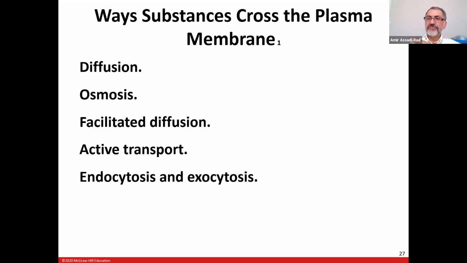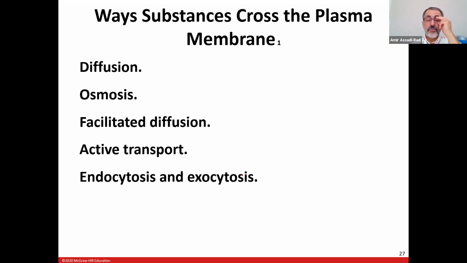But the main difference between osmosis and diffusion is two things. One of them is a water molecule. Diffusion could be anything. It could be gas in gas. It could be solid in liquid. And the other one is selective membrane. So diffusion, in the definition, there is no membrane involved.